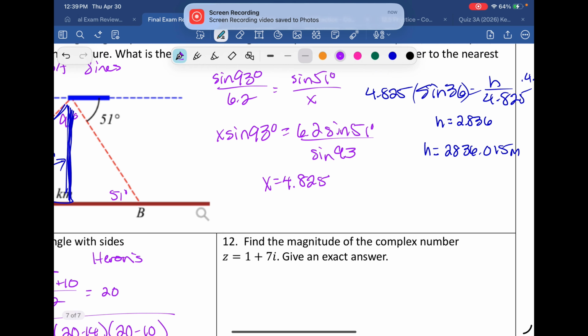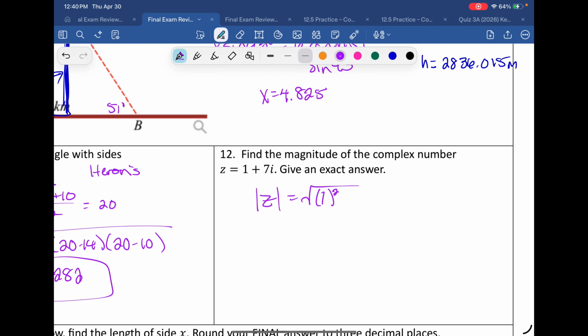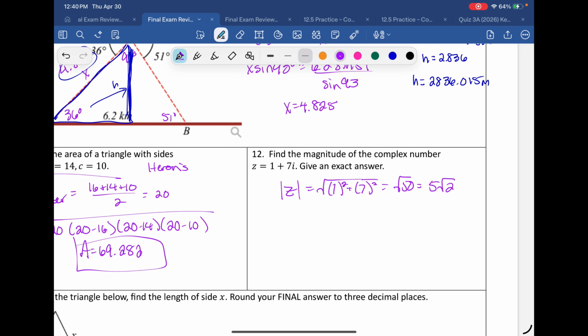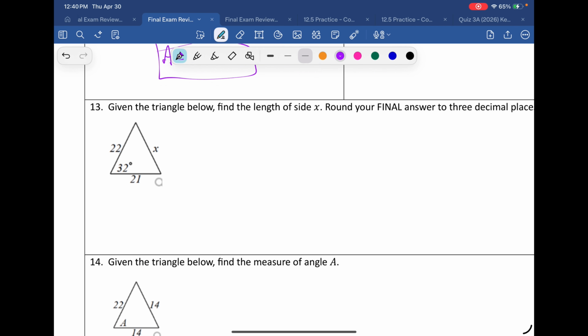Magnitude. That's Pythagorean theorem. So the magnitude of z equals the square root of 1 squared plus 7 squared. So that's the square root of 50, which reduces to 5 root 2. Give the measure, find the length of side x. I have side angle side. This is cosine.